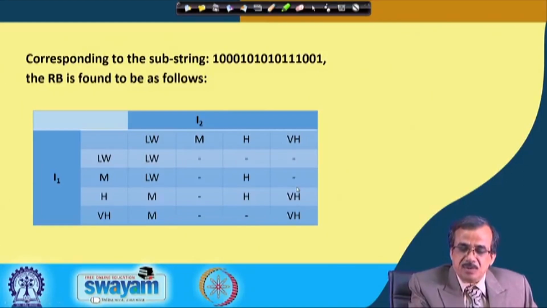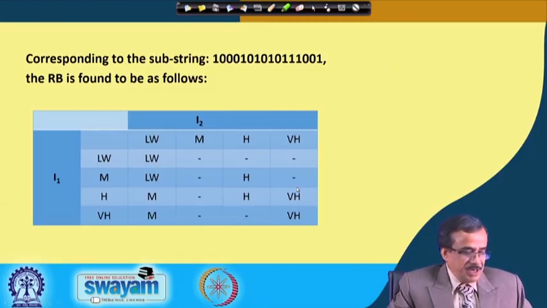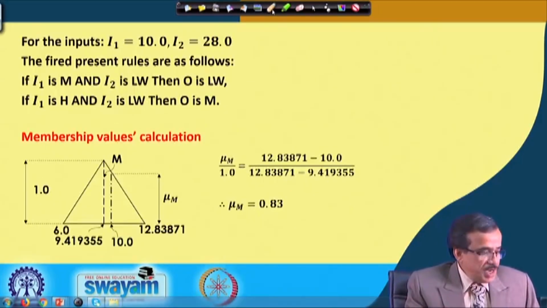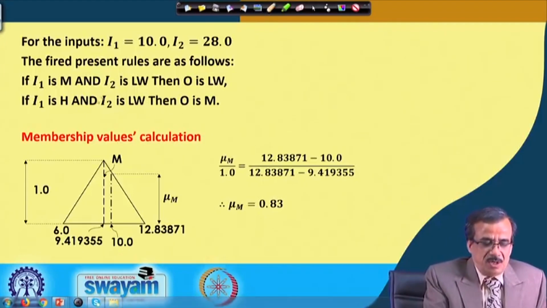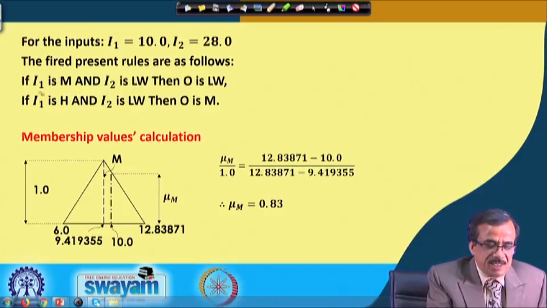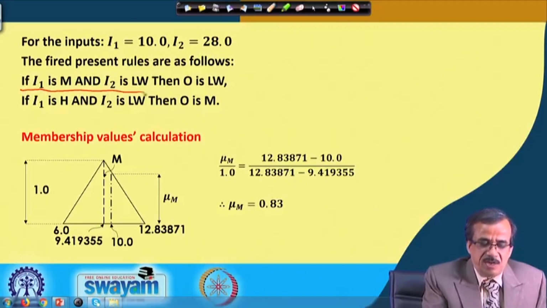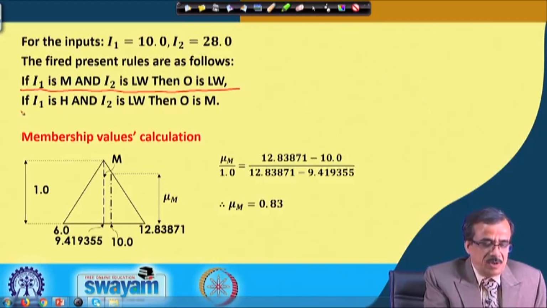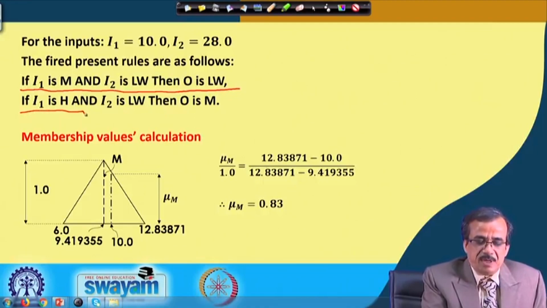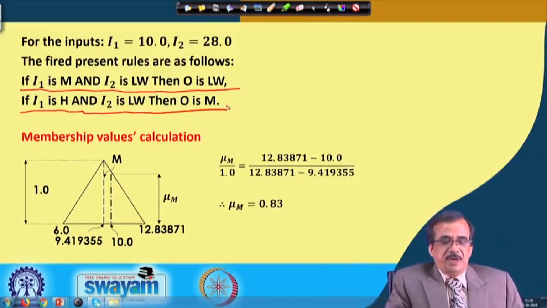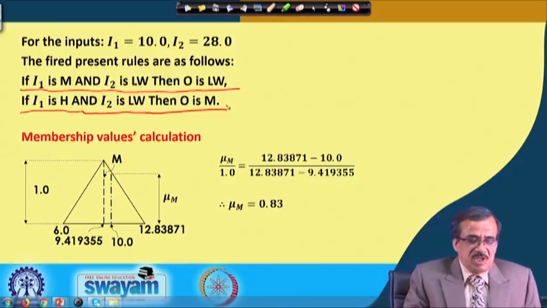For this particular problem, there are only 2 fired rules. The first: if I1 is medium and I2 is low, then output is low. The second: if I1 is high and I2 is low, then output is medium.